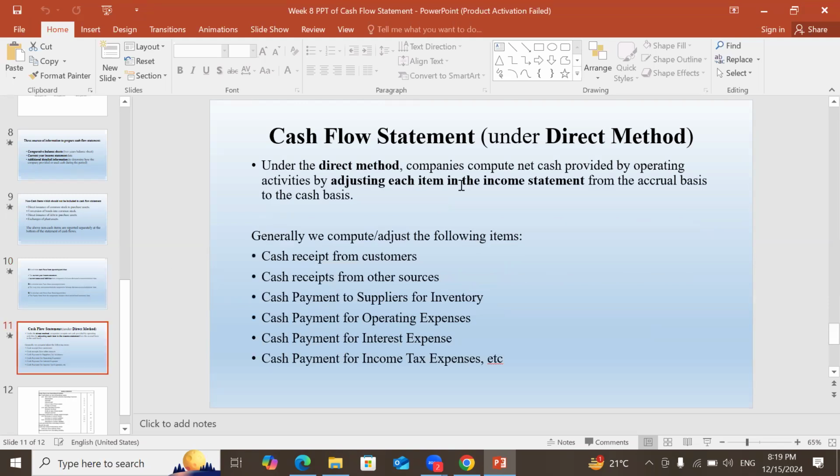Cash flow statement, direct method. Direct method items: cash receipts from customers, cash receipts from other sources, cash payments to suppliers and for inventory, cash payments for operating expenses, cash payments for interest expense, cash payments for income tax. These are the major items of the direct method of the cash flow statement.